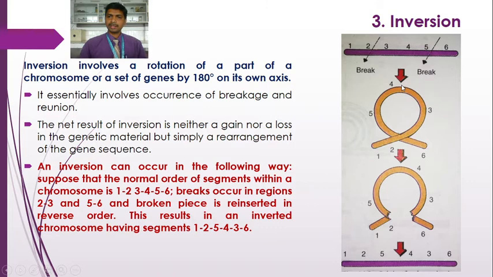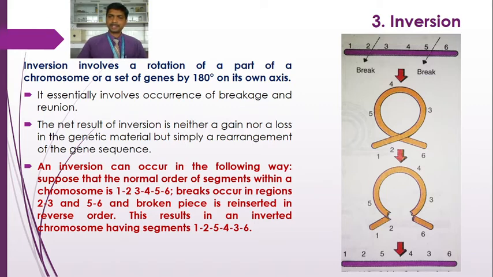For reunion of the pieces of chromosome, the breakage is essential. So inversion involves a rotation of a part of a chromosome or a set of genes by 180 degree on its own axis following breakage and reunion.